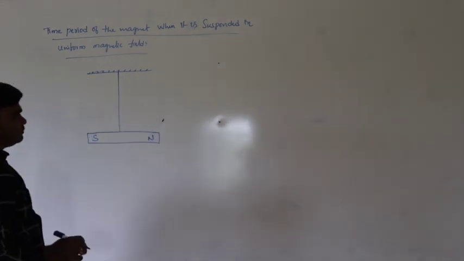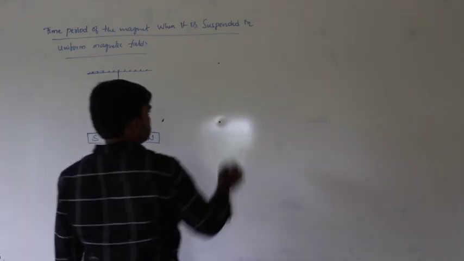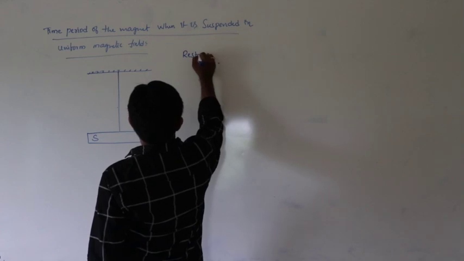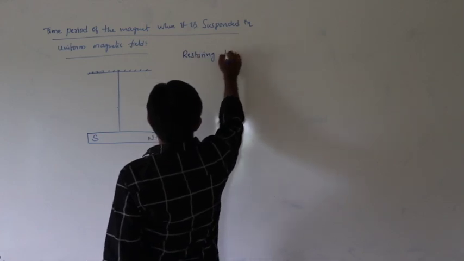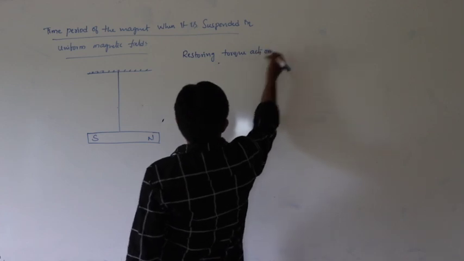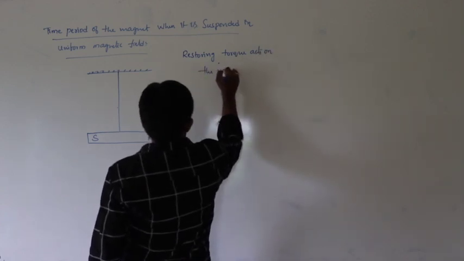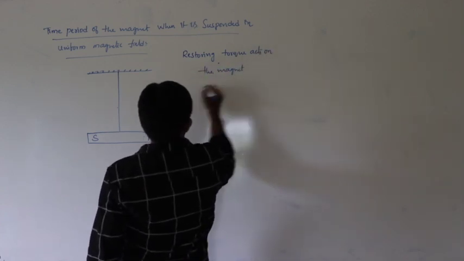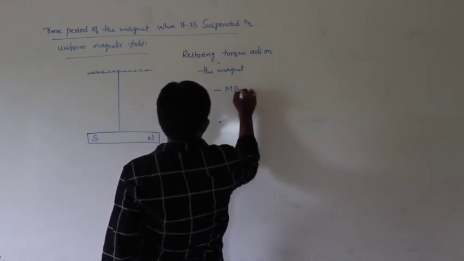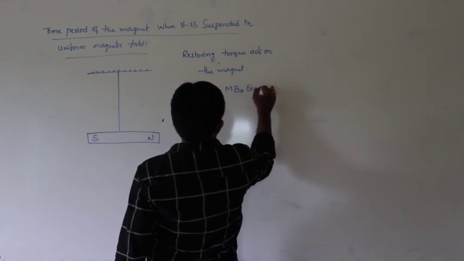First, what is the restoring torque that acts on the magnet? Tau is equal to minus mBH sin theta.